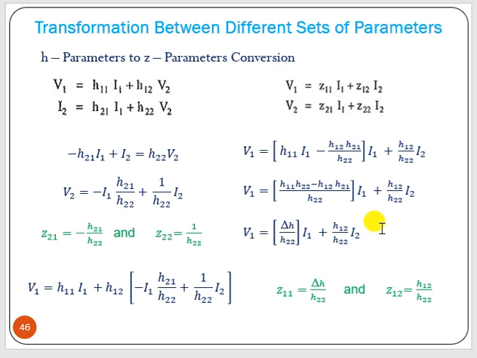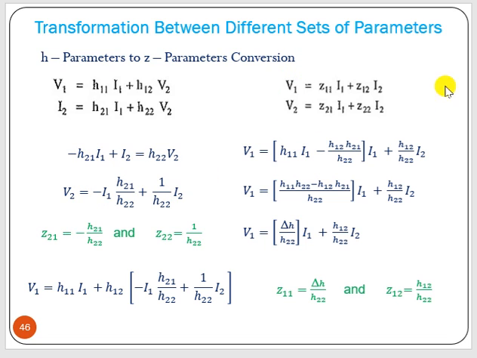Now let us see the transformation between different sets of parameters. Let us take one example, H parameter to Z parameter. We can write the H parameter equations, I mean V1 and I2 in terms of V1 and I1. Now from the second equation, we can take this part from the left side and write V2 in terms of I1 and I2.